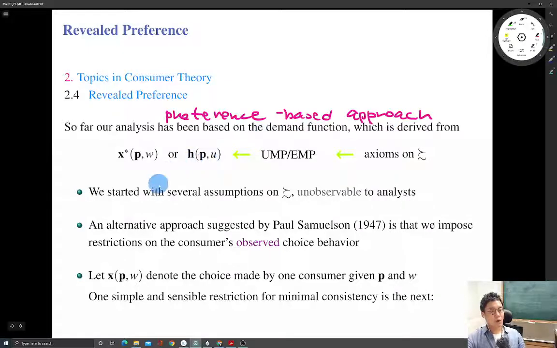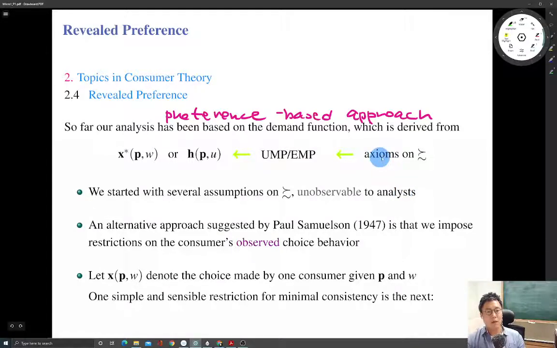But there is one major shortcoming with this approach. We began by making assumptions on preference relations, but preference relation is innate, and it is not observable to analysts. Although we have a nice understanding of the preference ranking, we can't observe that from the data. Theoretically we can define it, but we can't observe it.